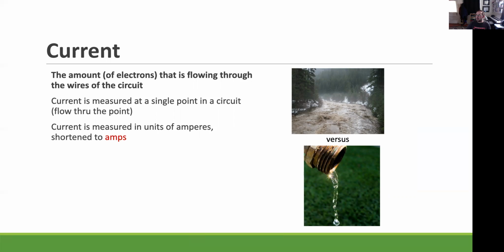The current would increase. It's like a river, it's got the current you're flowing down. It's that kind of idea, just with electrons and not with water. Current is measured in amperes, which is shortened to amps.